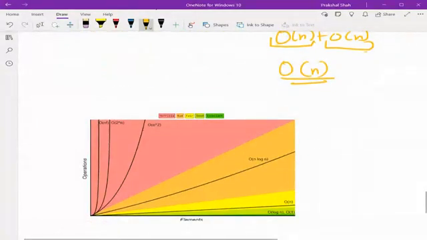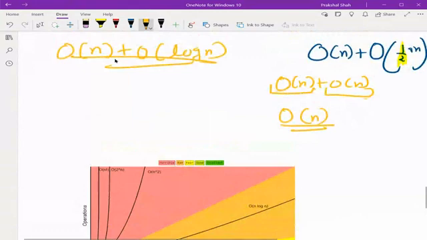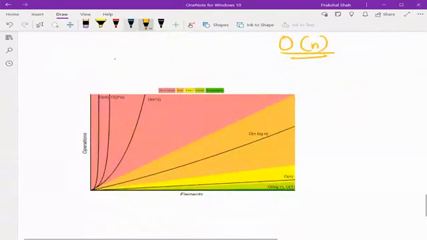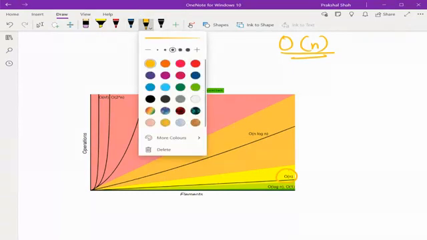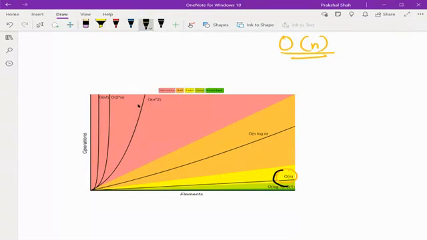Now see here, which is more in terms of order of n and order of log n? This was my order of n, this was my order of log n. Compared to both of them, where does my order of n lie in this graph? It will lie somewhere here, right?